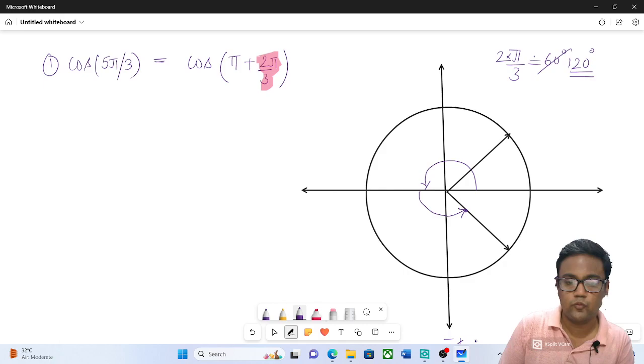But according to what we have learned, for the sake of simplicity, we should take this angle as an acute angle.